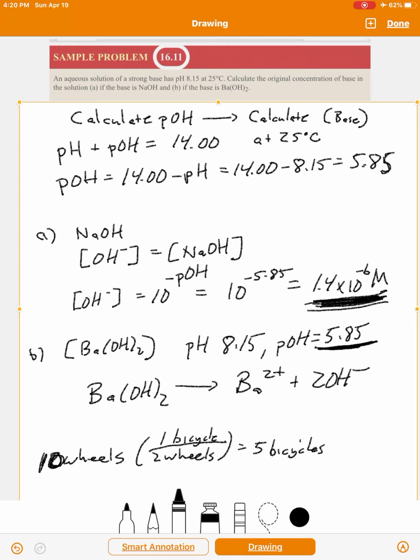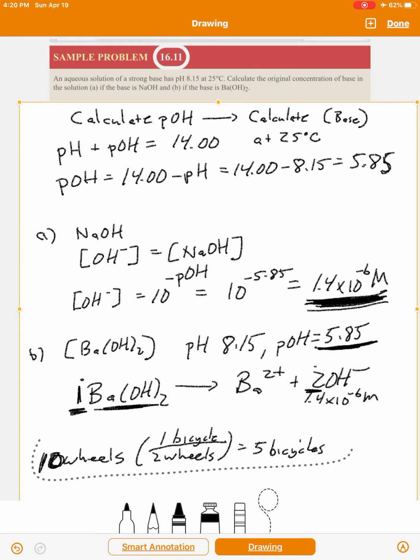If the concentration of hydroxide is 1.4 times 10 to the minus 6 molar, right? We already figured that out in part A. Then what's the concentration of barium hydroxide? Well, this is a 1 in front of it, and this is a 2 here. So this is 1/2 the concentration, right? So 1/2, let me write it over here. Let me make a little space here.